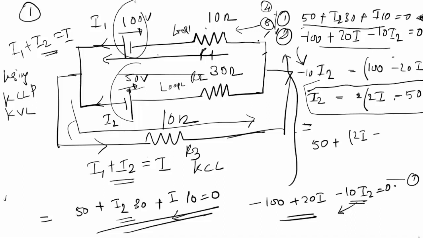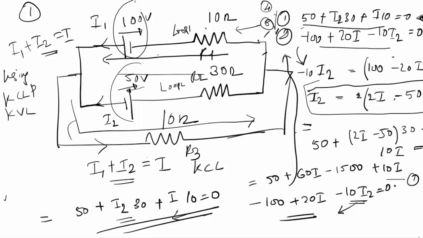2I minus 50 into 30 plus 10I equal to 0. So this is my 50 plus 60I minus 5 3s are 1500, we are multiplying that, plus 10I.